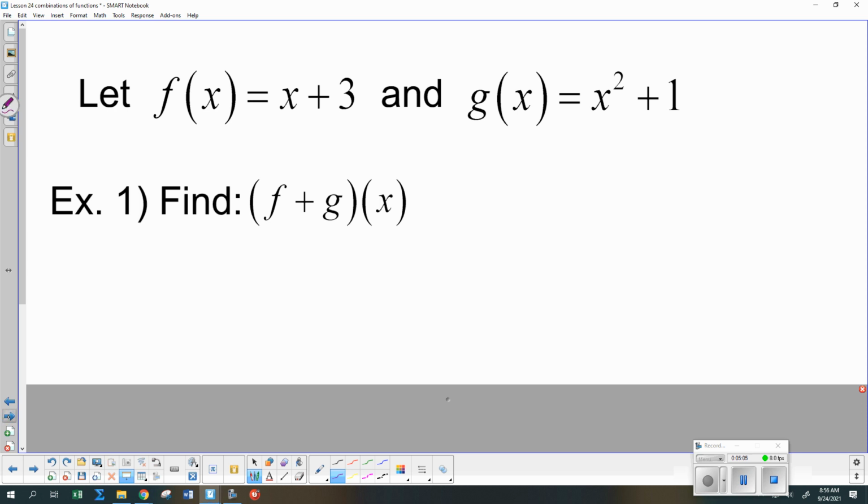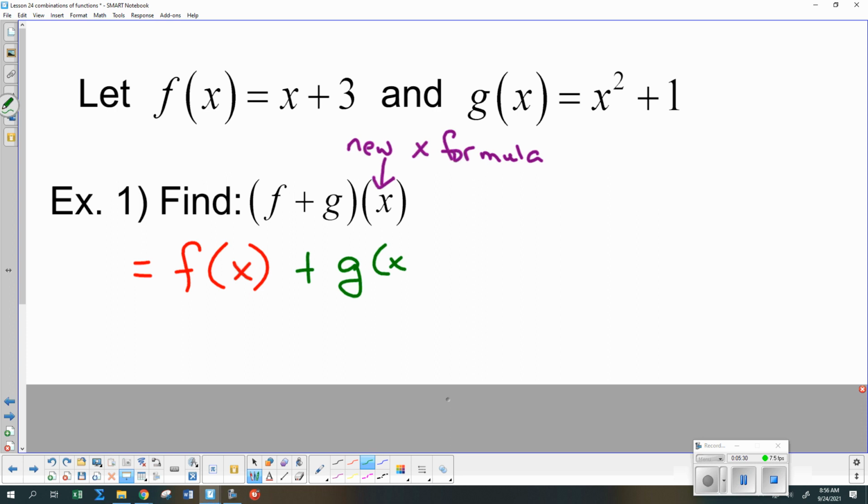This one says we want to get f plus g of x. So since there's an x there, that means we need a new formula that has an x in it. So to do that, we are going to say that this needs to be equal to the formula for f of x plus the formula for g of x.